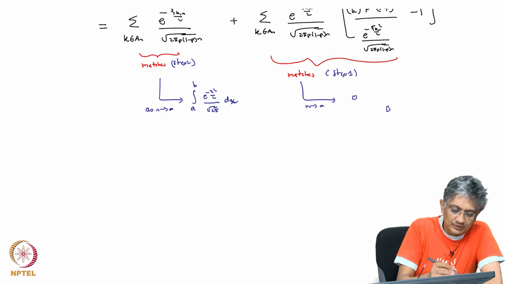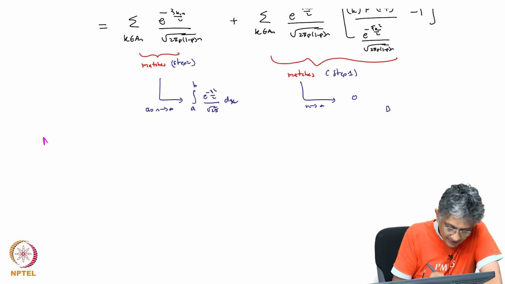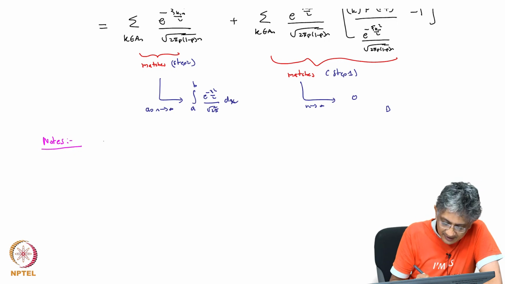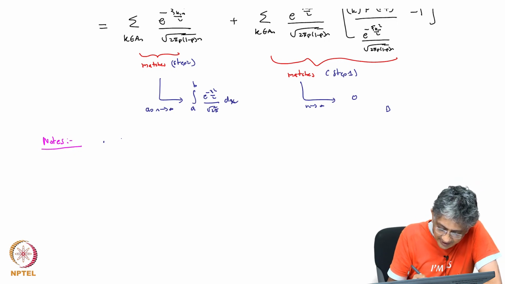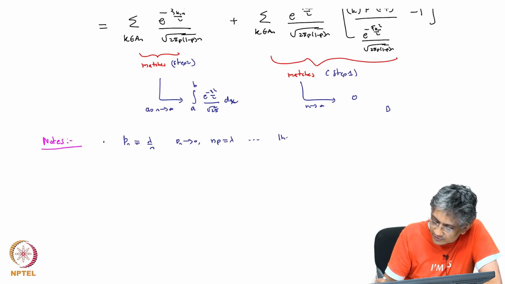So there are also, like in the Poisson case, some extra notes. I'll conclude with that for today. Some extra remarks: we also know that if you have p_n's which look like lambda by n, that is p_n goes to 0 with n p_n being a constant lambda, then one can use the Poisson approximation.